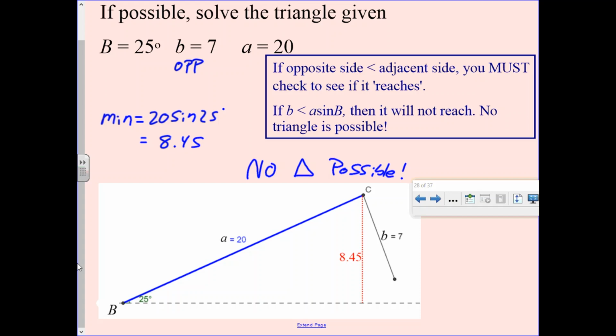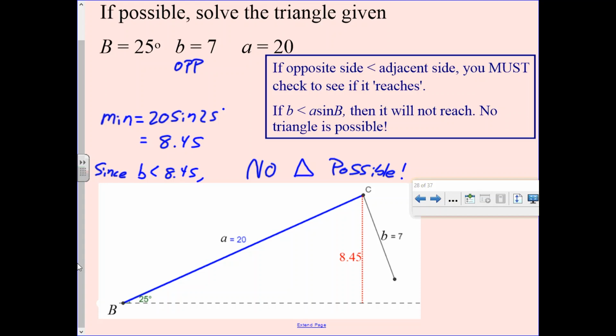Now, I would need to see this justification, something along the lines of, since B is less than 8.45, then no triangle possible. Okay, but that's it. So don't forget, anytime the opposite is less than the adjacent, we got to run that test to see if it's even going to reach.